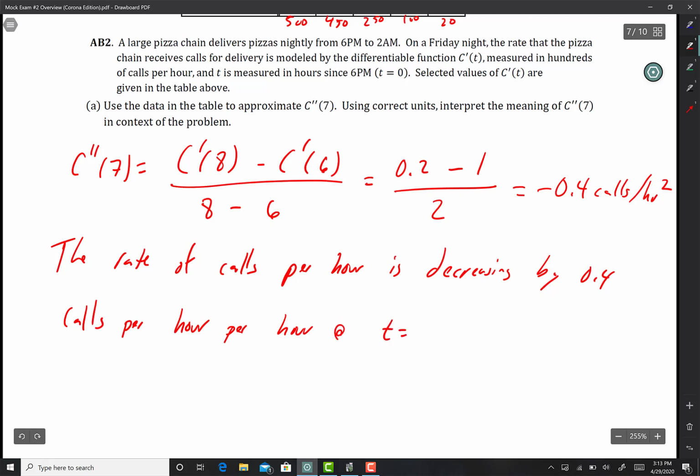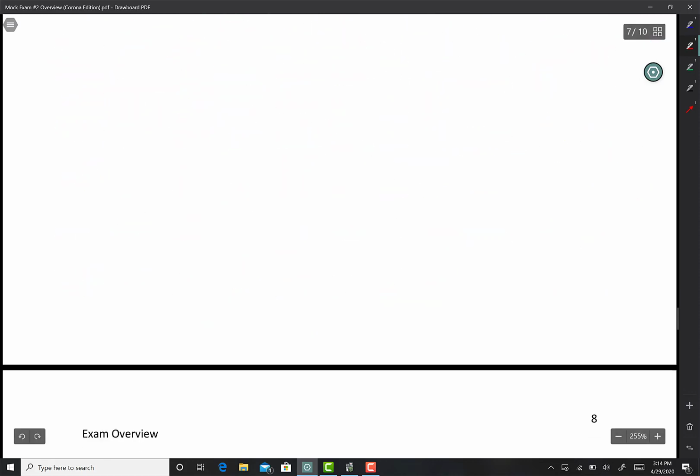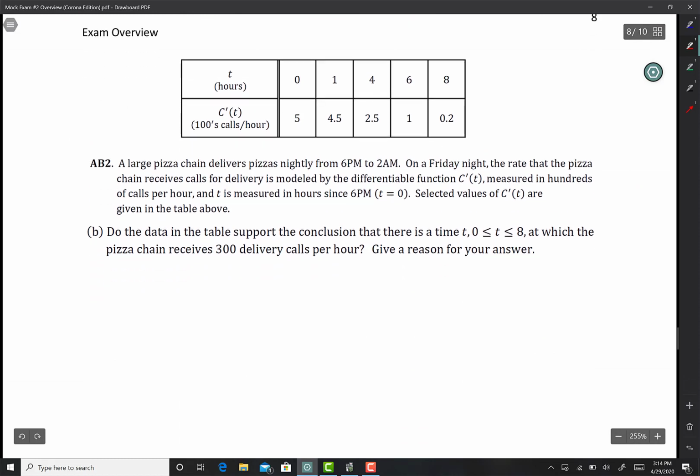The rate of cost per hour is decreasing by 0.4 cost per hour at t equals 7. Perfect. All right, let's go to the next one.